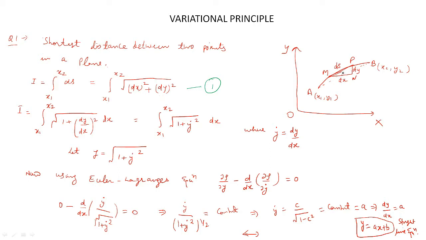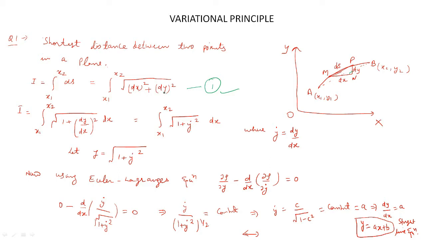You can see here that this is your ds and this is your dy, this is your dx. So this angle is 90 degrees. Then according to Pythagoras theorem, you can write ds whole square is equal to dx whole square plus dy whole square. So your ds will be equal to root dx whole square plus dy whole square. Let us say it is equation number 1.